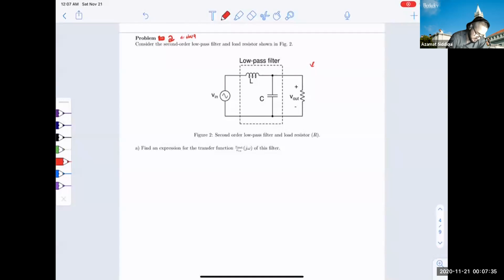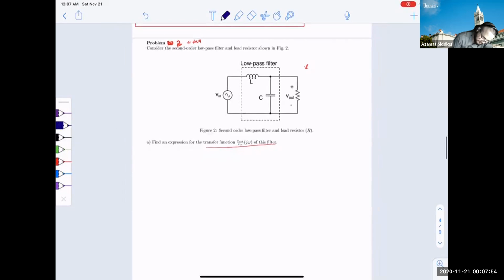and they're telling us to find a transfer function of this filter. What we usually do in finding these is we change it into impedances and we go from there. So let's actually do that. We have the Vn.